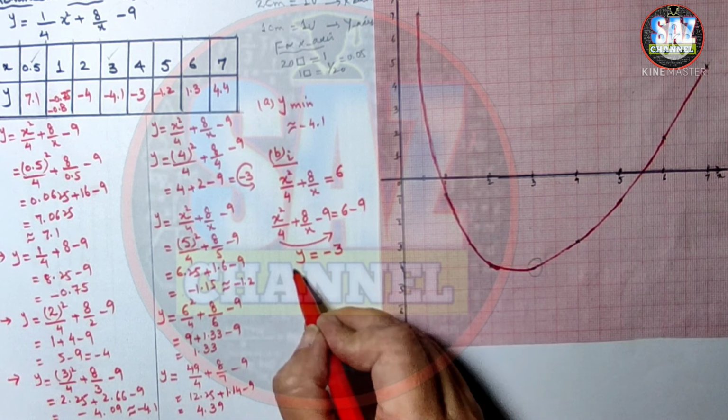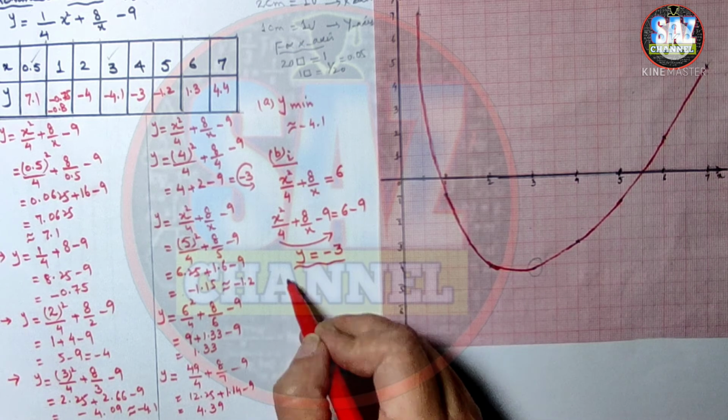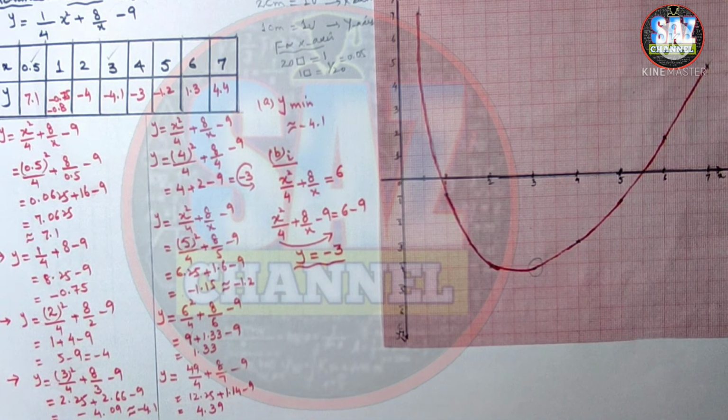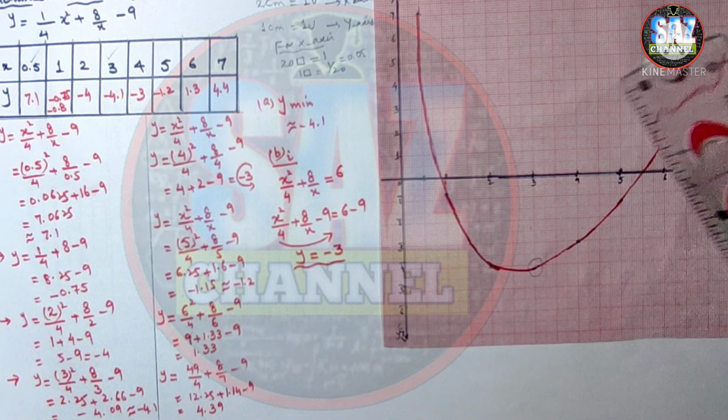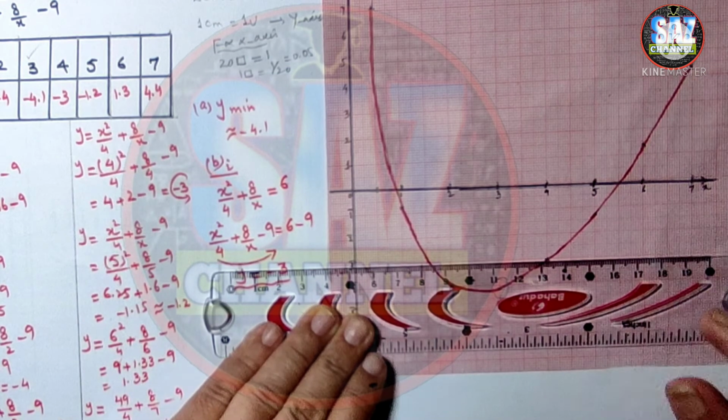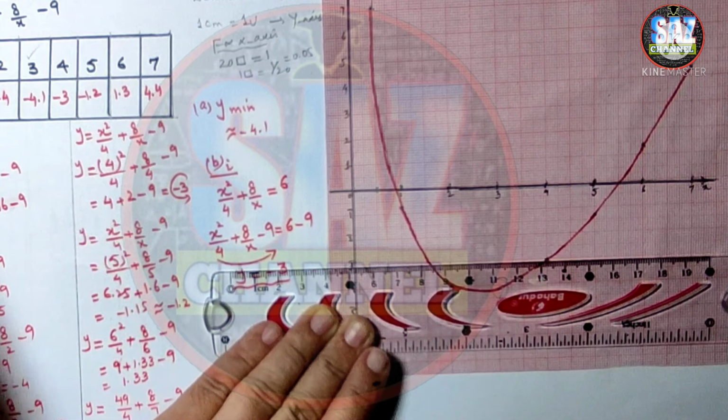Now this portion is similar to the original curve, which is y, and y equals minus 3. It means that in order to get the solution for B part 1, I have to draw y equals minus 3. So this is the place for y equals minus 3. Let me draw the line at this place.